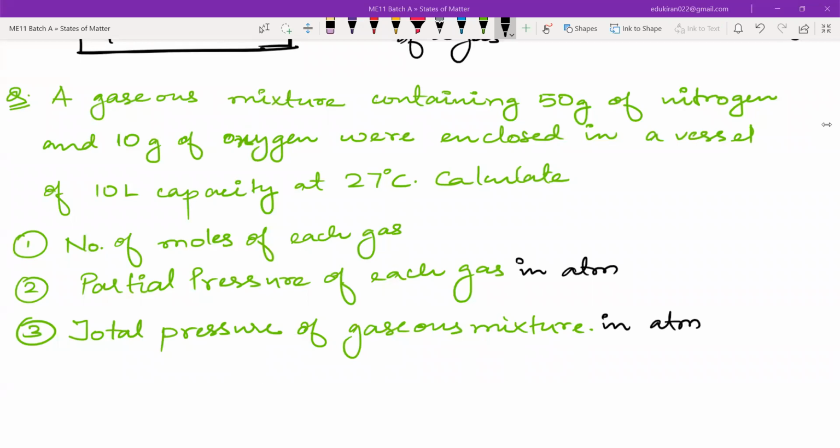Okay, Shravya, you found it. Okay, fine. Now you can also find the total pressure now. You just have to add them all, nothing else.